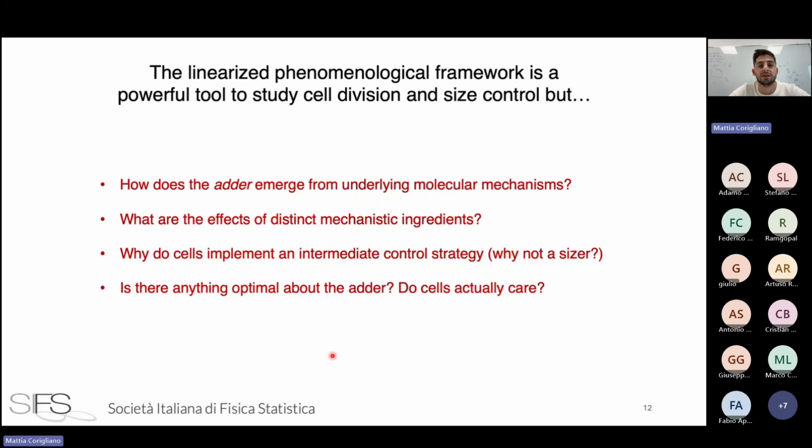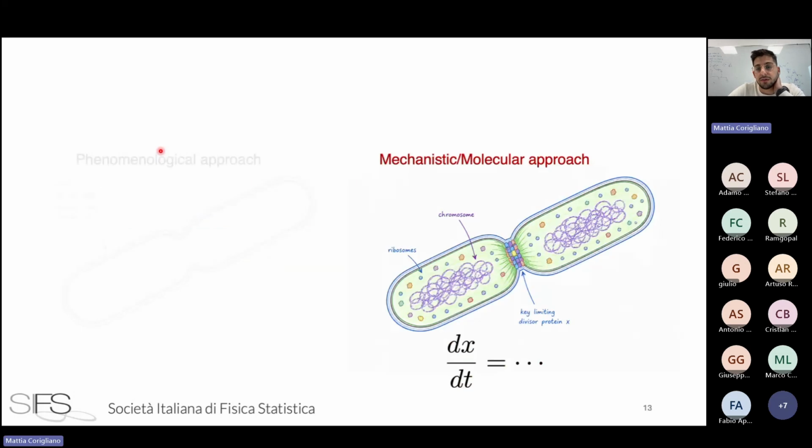And also what are the effects of distinct mechanistic ingredients in setting the division strategy or size fluctuation, for example. And so these are all questions that we would like to understand better with a more mechanistic and microscopic description.